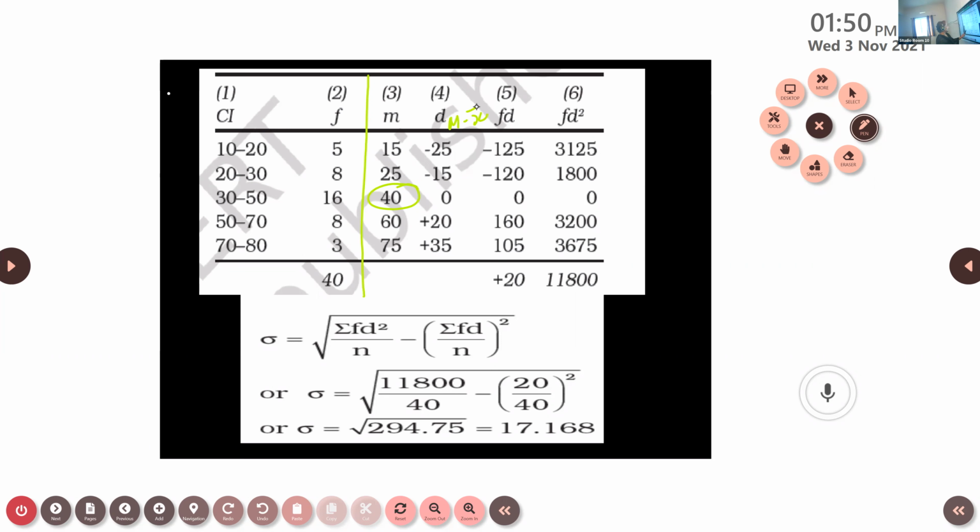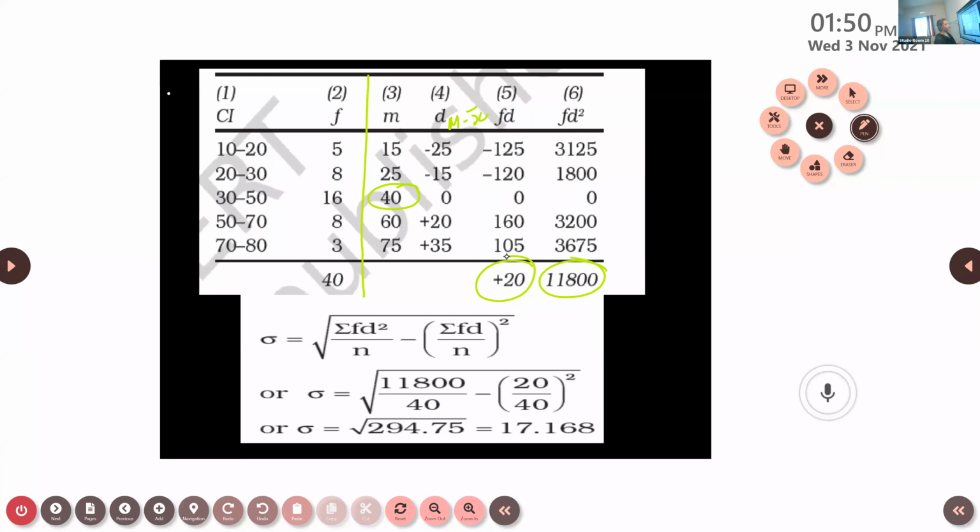Okay. So after finding this, you are going to get the answer, because here FD square is given, that is 1180. So first you apply 1180 divided by 40, minus FD, here it is 20, 20 by 40 whole square. Putting that in the square root, you get the square root of 294.75, which is equal to 17.168.